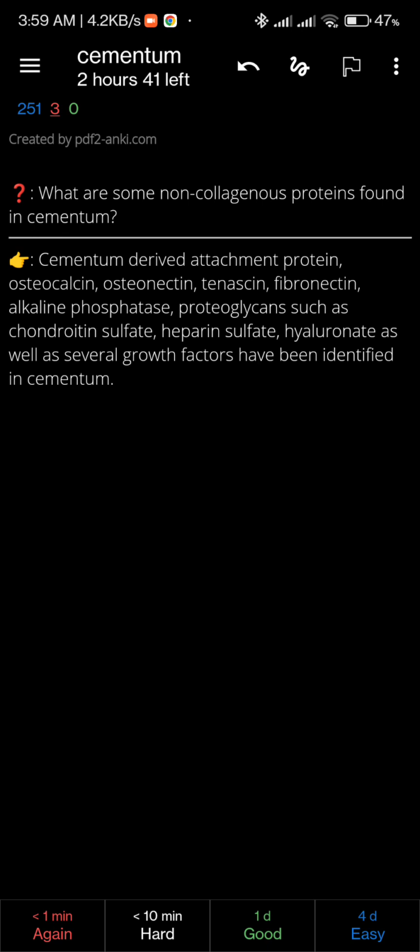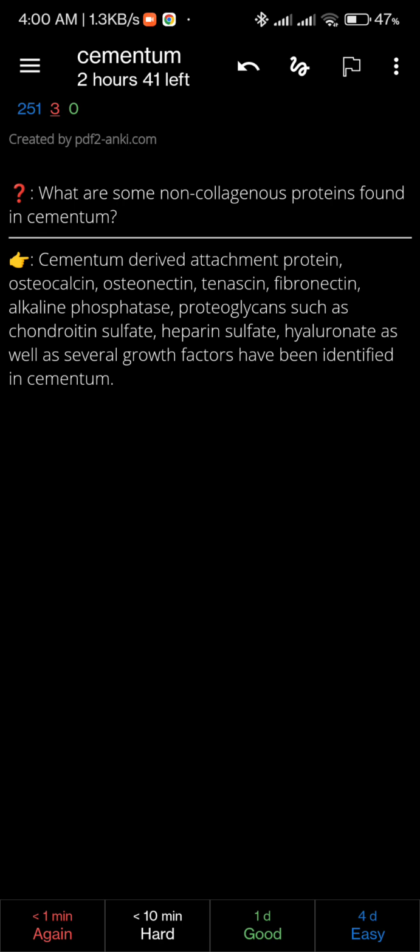So what are some non-collagenous proteins in the cementum?